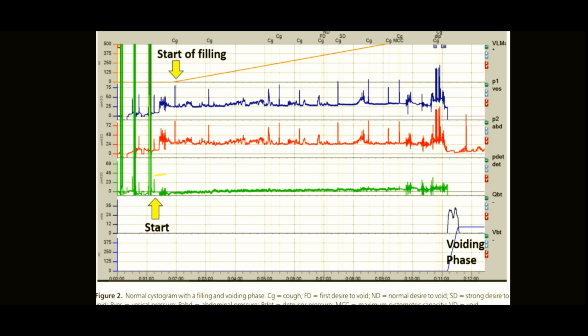And with the voiding, of course, the pressures should rise. So during the voiding, the bladder pressure and the abdominal pressure are going to rise. Again, the P detrusor should be less than 70 while voiding, and it should be less than 15 while filling.